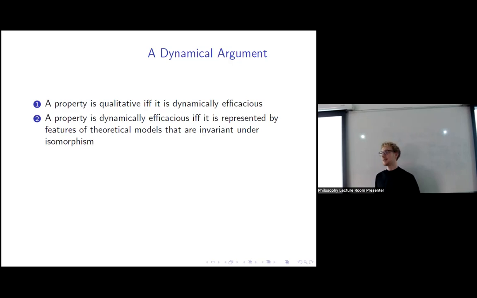So the second premise says a property is dynamically efficacious if and only if it's represented by features of theoretical models that are invariant under isomorphism. This, I think, is motivated by recent work by people like Dewar, David Wallace, and at a more formal level, David Baker, who have given similar arguments for thinking that the structure of our theories that's variant under isomorphisms is dynamical danglers, or they're epiphenomenal quantities.